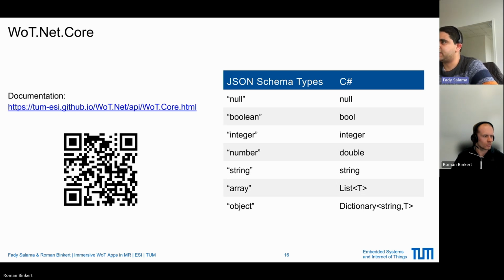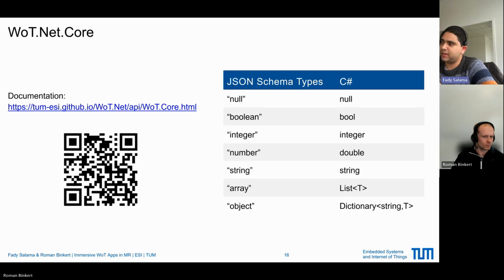The idea is basically the mapping between what is defined in the scripting API and C#. For example, there are these JSON schema types that we use when talking in the context of the Web of Things, but of course some of them are not defined as such in C#, so we need to do that mapping ourselves.